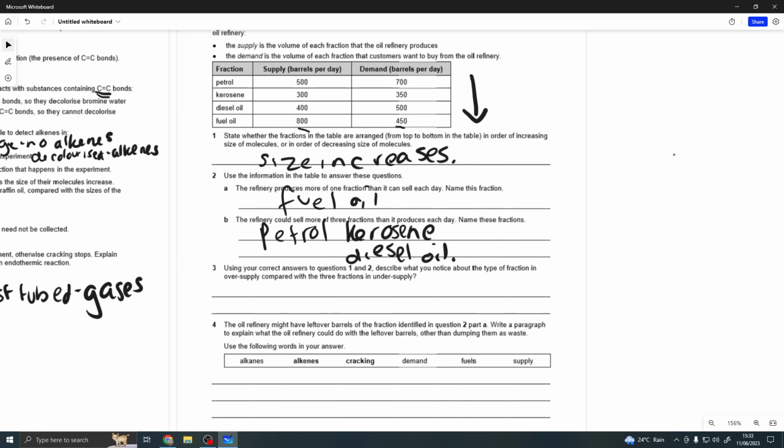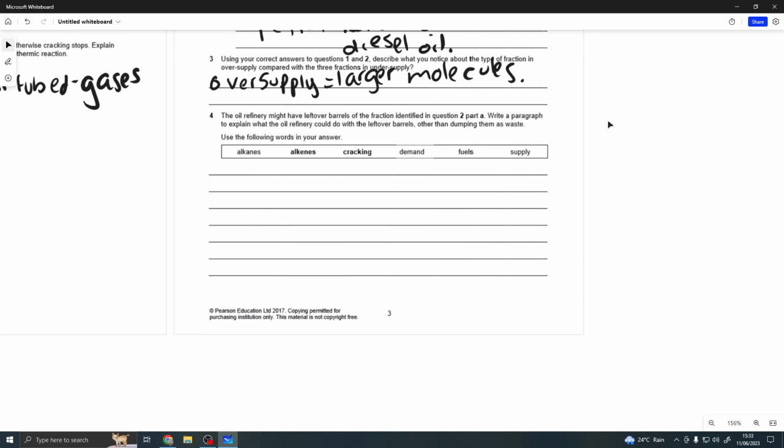Using the correct answer to questions 1 and 2, what do you notice about the type of fraction in oversupply? So basically the oversupply, the one we have lots of, is the larger molecules. Now it says the oil refinery might have leftover barrels of the fraction identified. What could we do with the leftover barrels rather than dumping them? Well, we're going to do cracking, clearly.